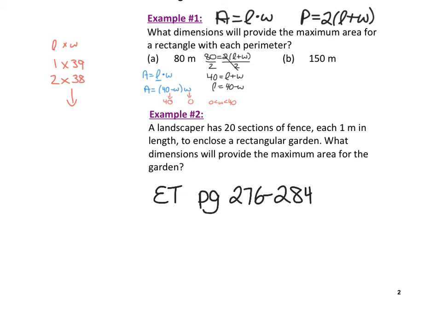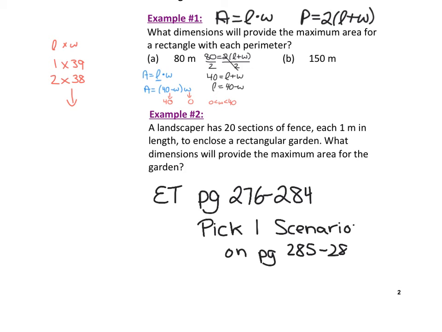Then after you read, you're going to pick one scenario on page 285 to 287. I believe there are 6 scenarios given.